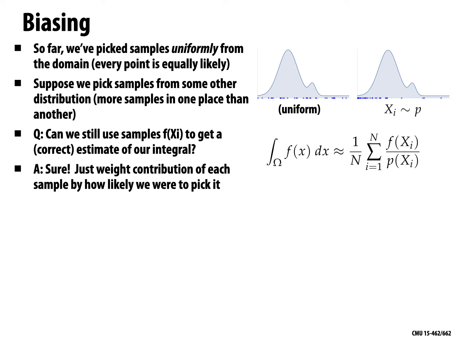In particular, we're going to say now the integral of f over the whole domain is approximated by 1 over the number of samples times the sum over all samples of the function value at sample i divided by the probability that we picked that sample point, xi.